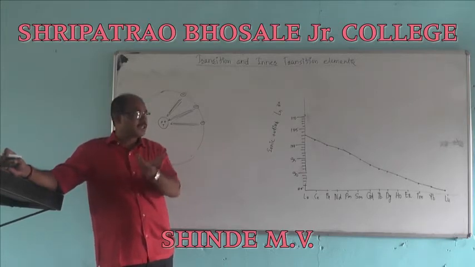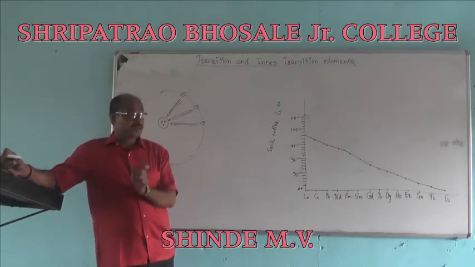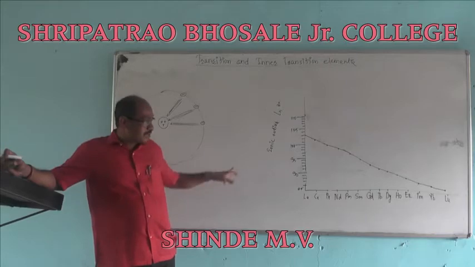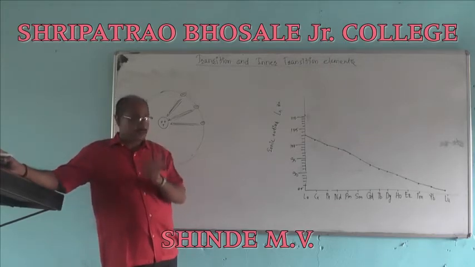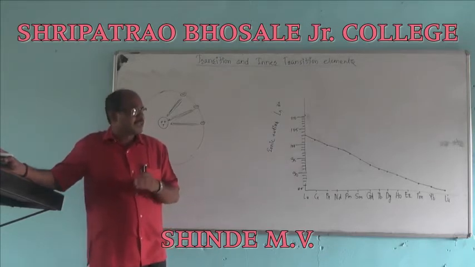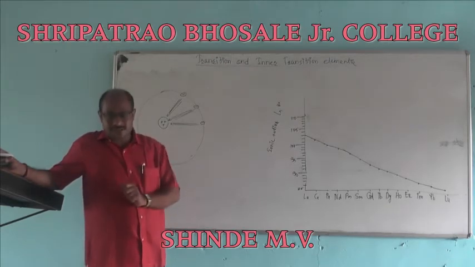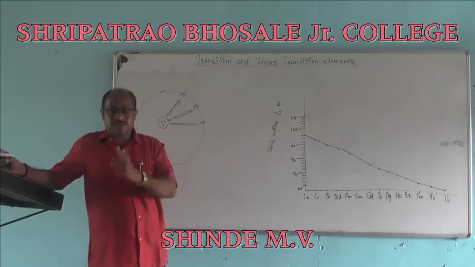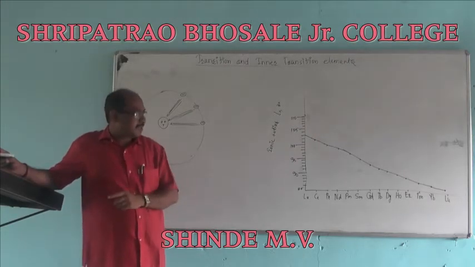Zirconium is present in the 5th period. Hafnium is present in the 6th period. But the lanthanoid contraction is responsible for the smaller size. When you observe the atomic sizes or ionic sizes of zirconium and hafnium, they have approximately identical sizes. So this behaves or presents as a chemical twin.